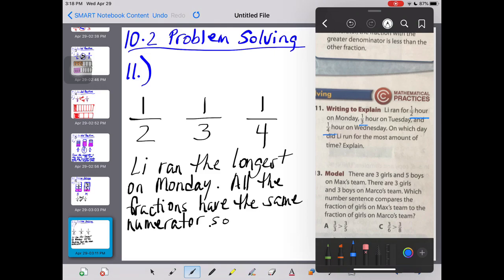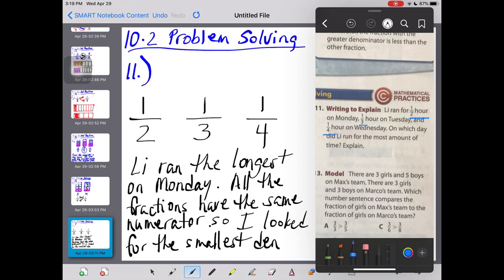So I looked for the smallest denominator. And I ran out of room, so I'm going to abbreviate. Okay? And that's kind of an example of how to answer it. Just trying to explain your thinking of how you figured out the longest fraction.